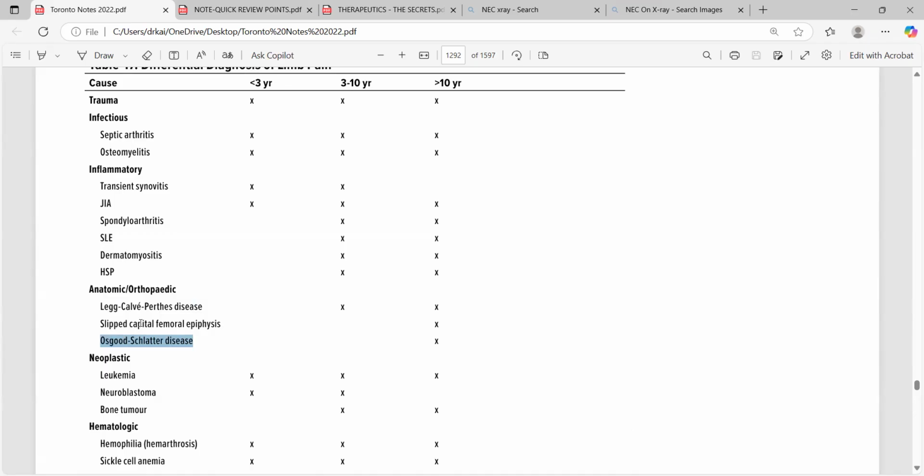Just to let you know, the slipped capital femoral epiphysis child will be mainly obese. The word obese you will be able to find, and that is basically with slipped capital femoral epiphysis. I see a lot of MCQs on slipped capital, and the word I find in those MCQs is obese or overweight or a chubby child, something like that. Okay.